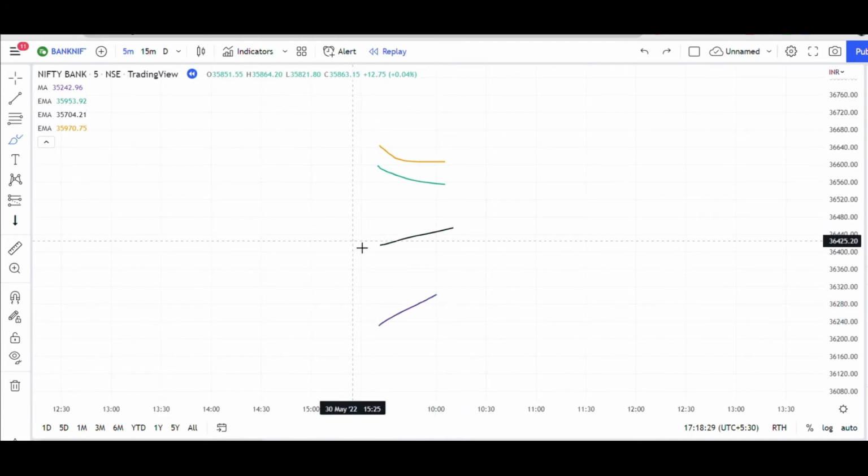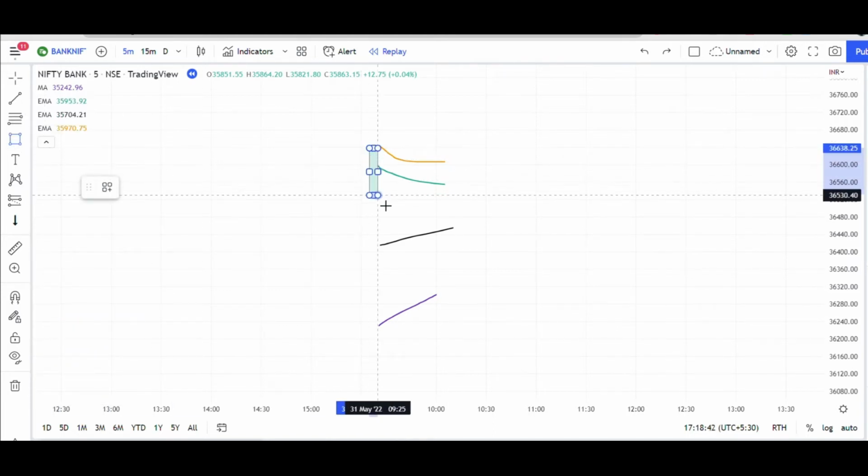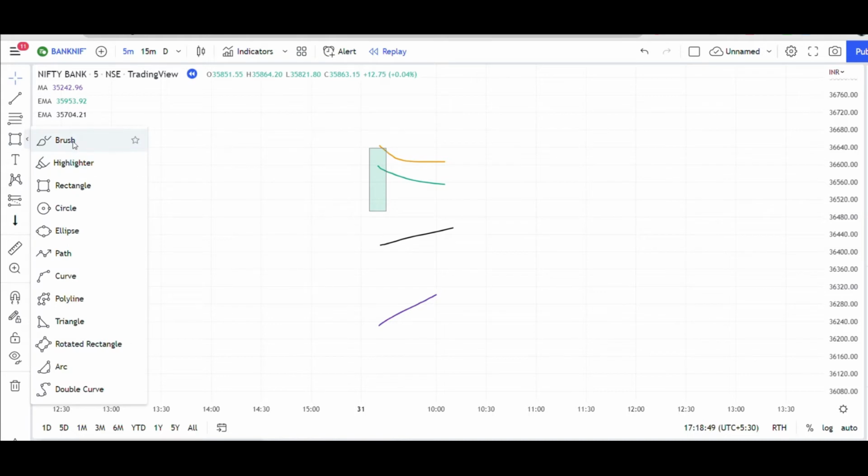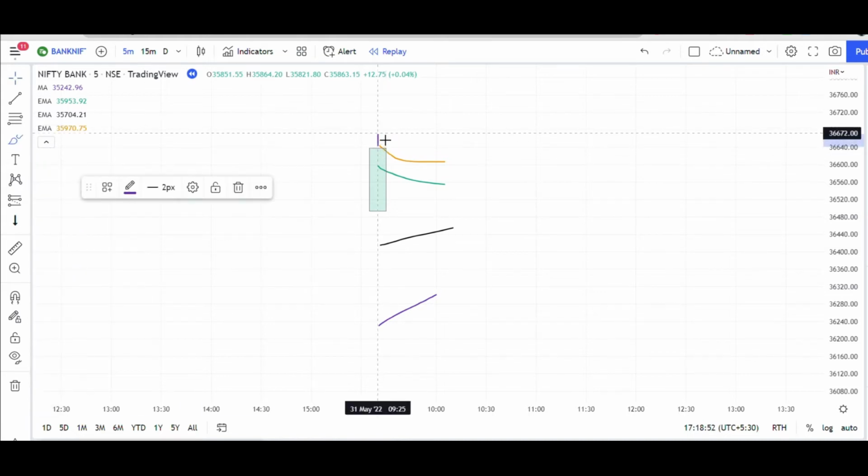So in such case, we will follow the swing low breakdown, and then we can take the entry. So for example, let's say this is one candle. This candle is having this high and this low swing, or we can say wick.